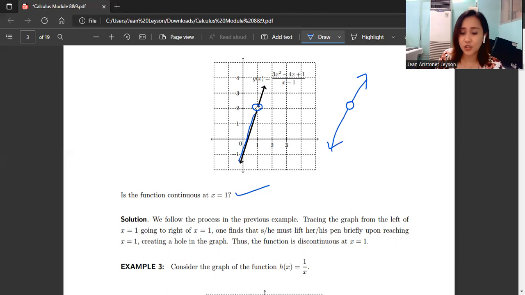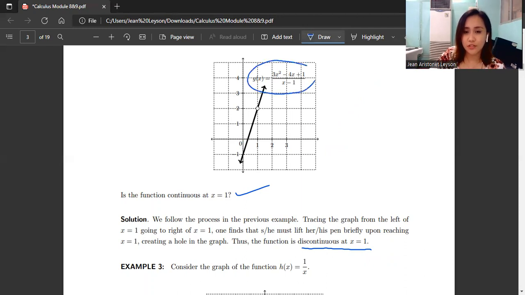Thus this function is discontinuous at x is equal to 1 because this certain point right here is not included in the domain of the function. Why? Let me erase this one first. Because if you take a look at our function, take a look at the denominator, x minus 1.